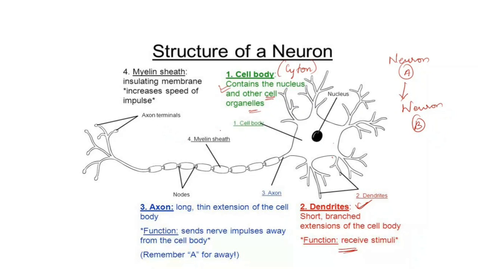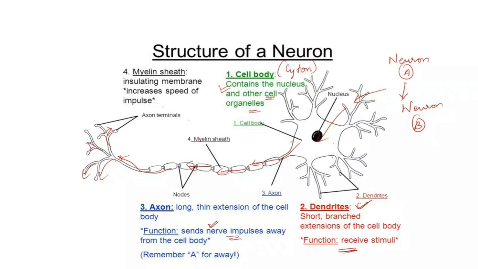Now, the axon. What is the function of the axon? Once a neuron receives a signal, there is a long thin extension of the cell called the axon, which helps in the transport of the nerve impulses. Once it is received through the dendrite, it goes to the cell body, then through the axon, the nerve impulses are transferred towards the nerve endings or the axon terminal.